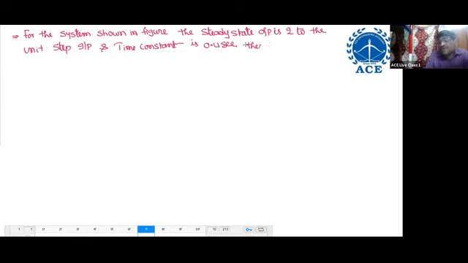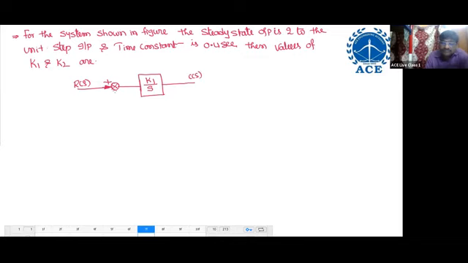Then find the values of K1 and K2. Come on, solve it.